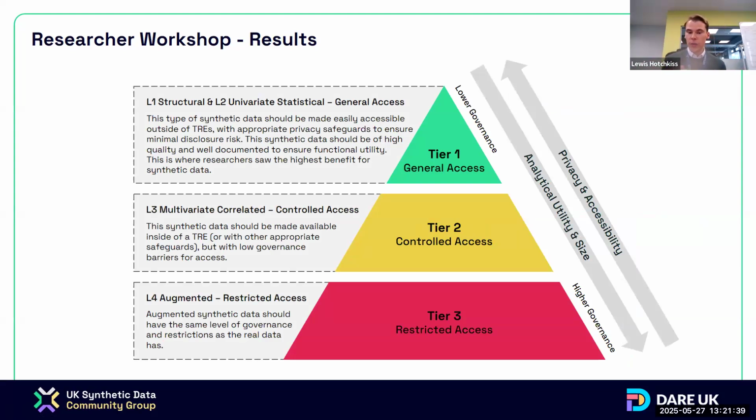Then the next level up, tier 2, should be a lot more controlled. That synthetic data, which maintains the relationships, should either be made available within trusted research environments or with other appropriate privacy safeguards in place. And then, of course, the augmented synthetic data sets need to have the same level of governance as the original data sets.